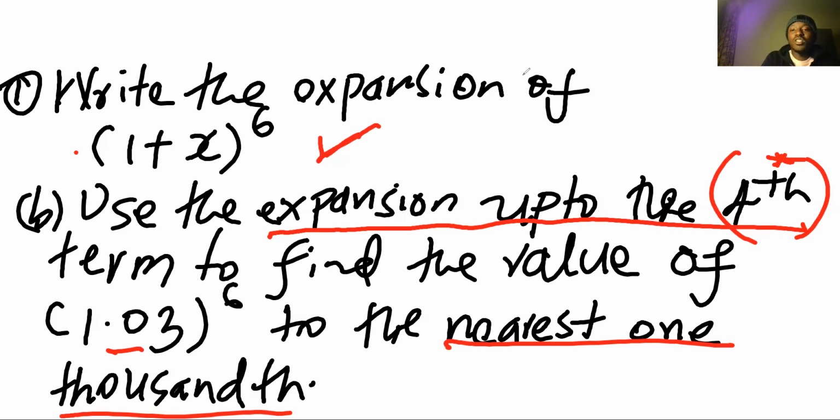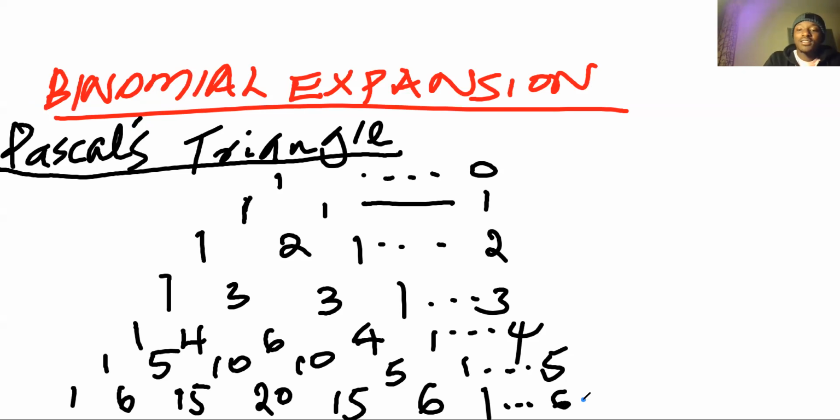So we can go straight ahead to the solution. The solution is 1 plus x to the power of 6. Now, when you're doing binomial expansion, before you put the binomial coefficients, which we have shown in the Pascal triangle, because this is to the power of 6, we'll use the last line of these binomial coefficients.